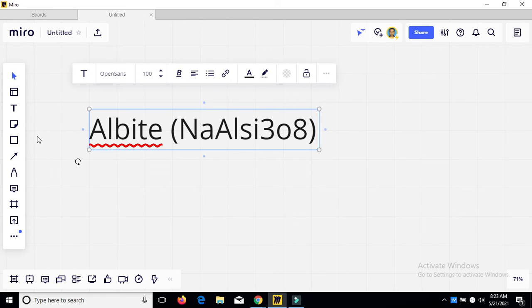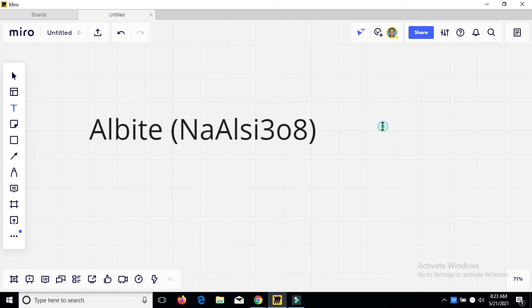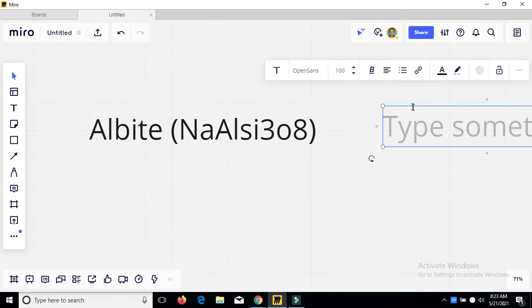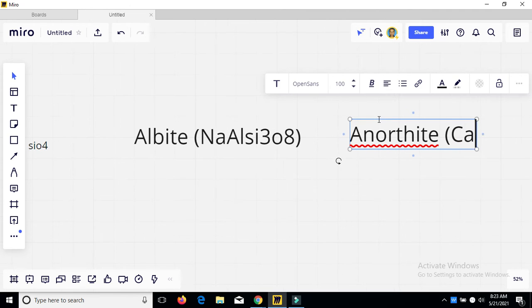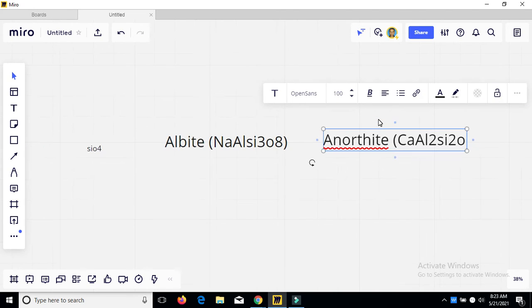Then we have another mineral, we call it anorthite, CaAl2Si2O8. So NaAlSi3O8 is albite, and this is anorthite.